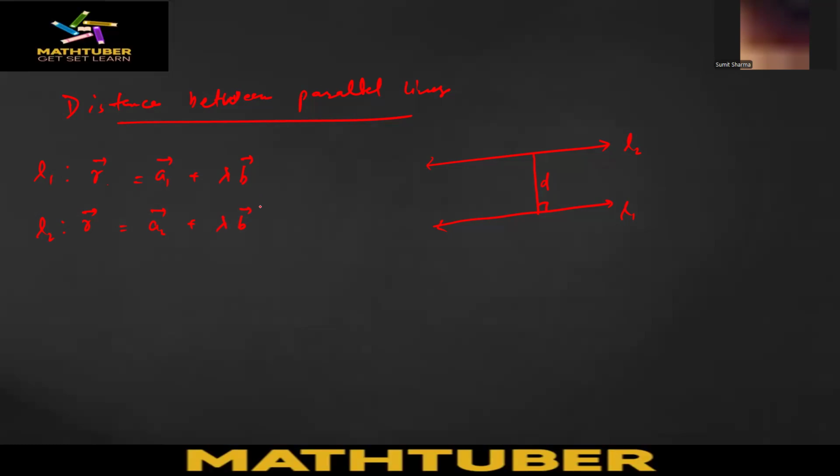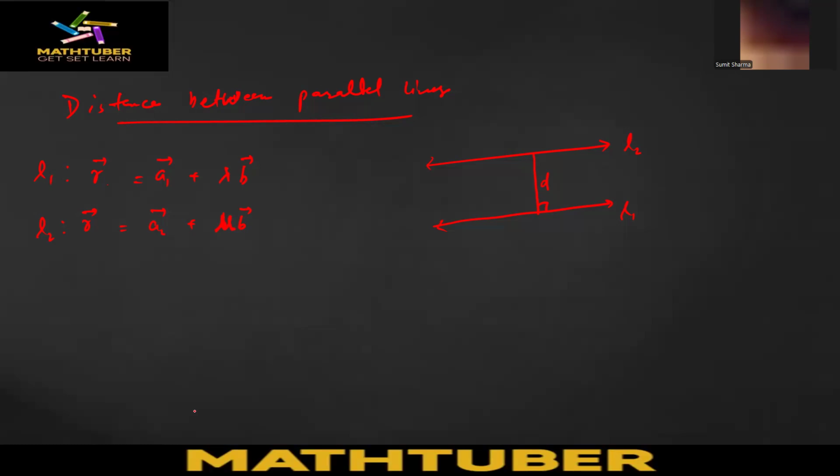And if somehow in some question these B vectors are proportional, the direction ratios are proportional, then they are also parallel, right? Proportionality is the same thing. So you can change the constant here, mu. Now we have these two here.